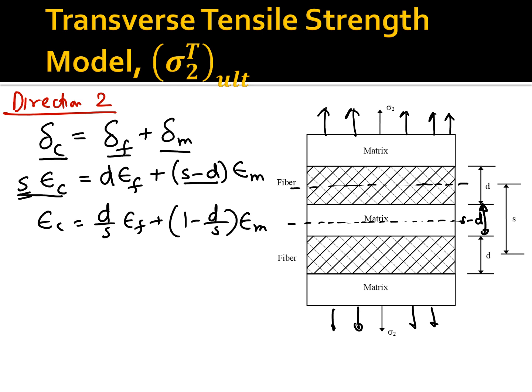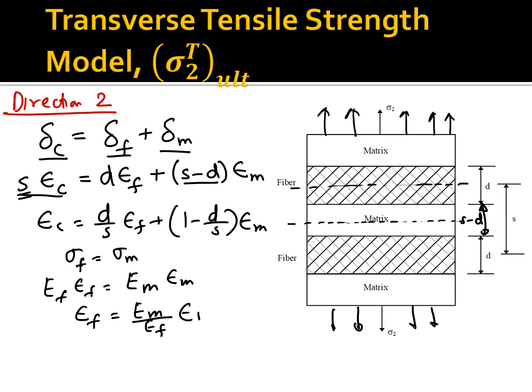And since the areas on which these forces act in the fiber and the matrix are the same, the stress in the fiber is the same as the stress in the matrix. This is all in direction 2. So E_F times epsilon_F should be equal to E_M times epsilon_M. And that gives me the strain in the fiber in terms of the strain in the matrix.